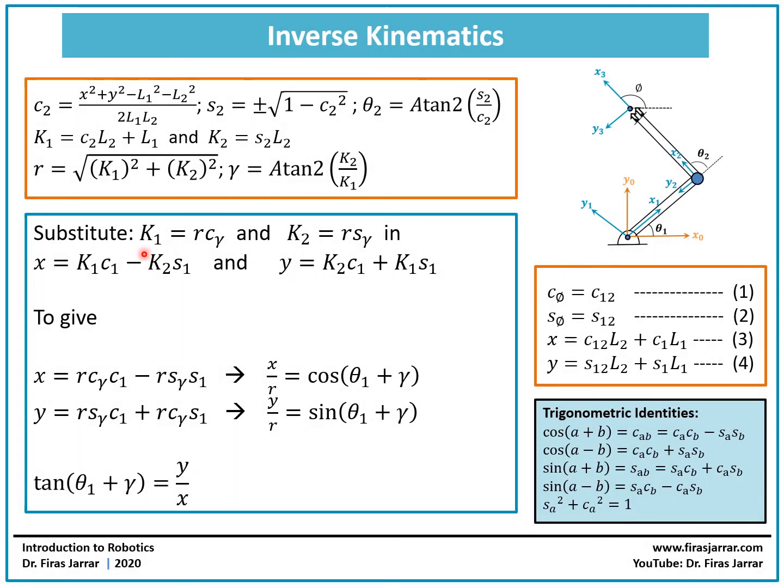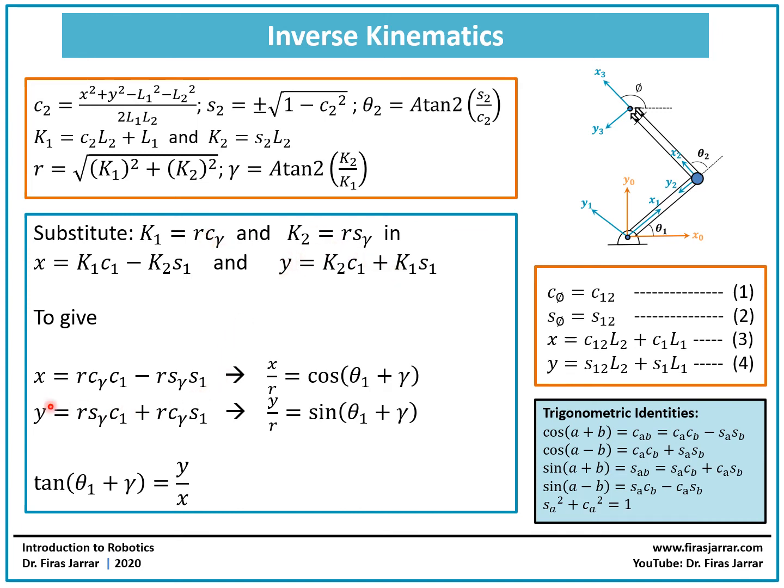If you substitute k1 as r cosine gamma into this equation, and instead of k2 I have r sine gamma, I'll get this equation. Do the same thing in the expression for y: instead of k2 I have r sine gamma, and instead of k1 I have r cosine gamma.